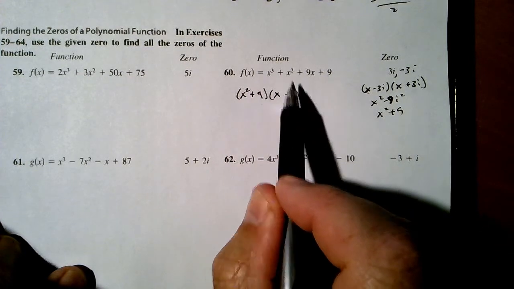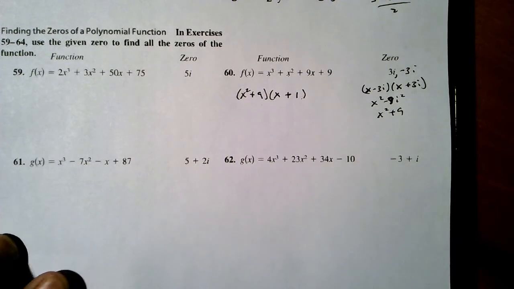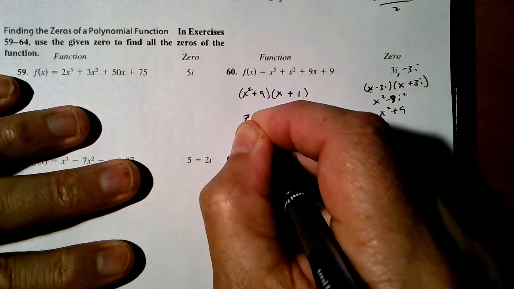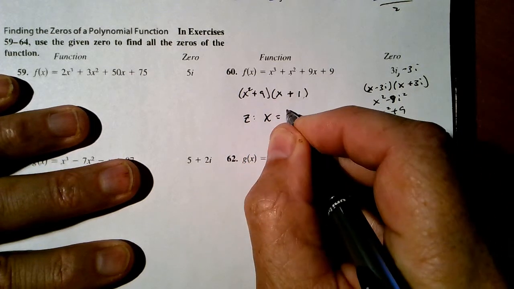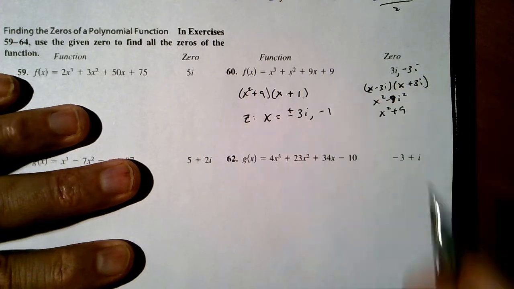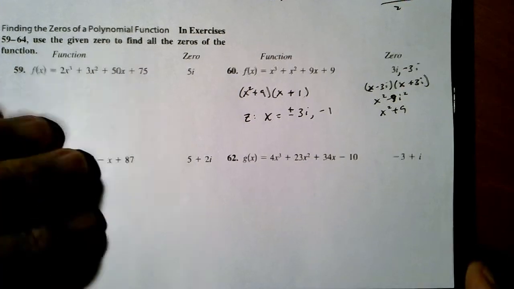There's an x squared, it works. There's a 9x, it works, and there's a 9, it works. Pretty slick. You could have done the long division. So we want to use the given 0 to find all the zeros. So my zeros are x equals plus or minus 3i and negative 1. Pretty slick. If you didn't catch that fully, let's see if you can here.